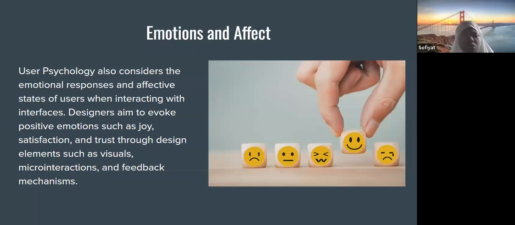And also the designer aims to evoke positive emotions, so that maybe they trust that design. Like I said, there are different kinds of interaction. So this is the micro interaction, like the way your elements spill up, or flip.